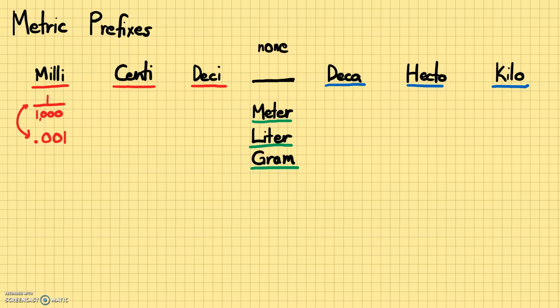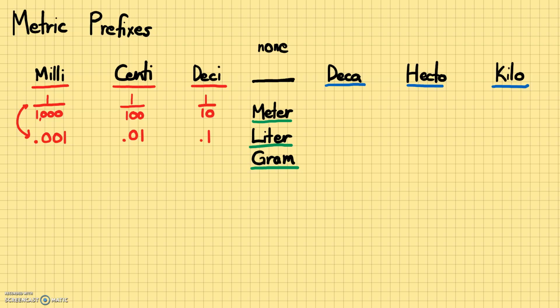Okay, centi is 1/100. So it gets bigger as we go here. Remember, for fraction, the smaller the denominator, the bigger the number. Okay, so this is actually, centi is bigger than milli. And you can write this also as a decimal like this, 0.01. Deci is 1/10. Okay, this is bigger than milli and centi, or just 0.1 as a decimal.